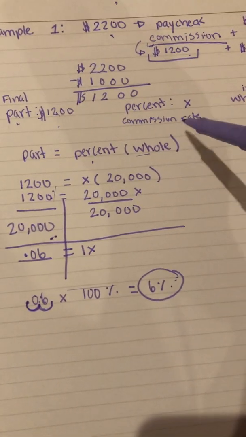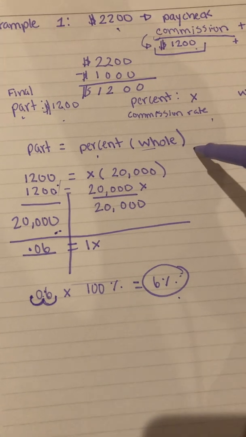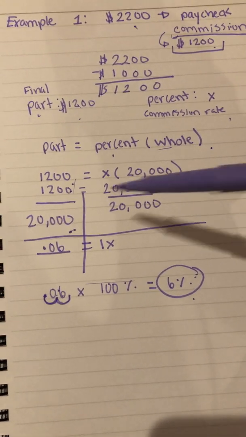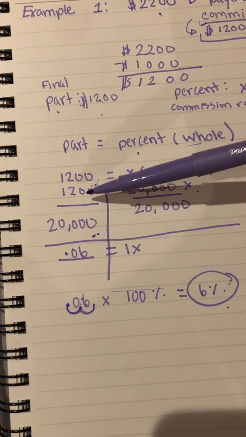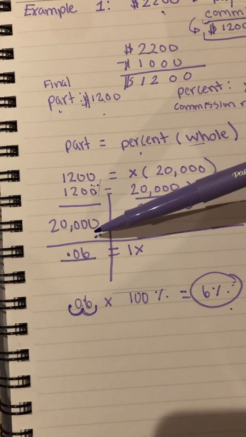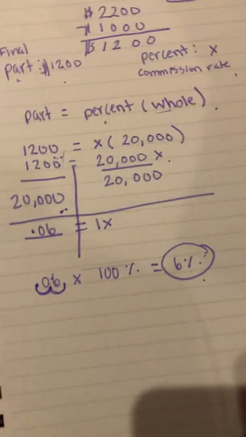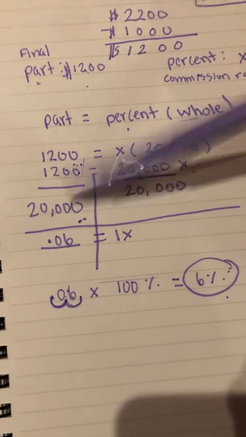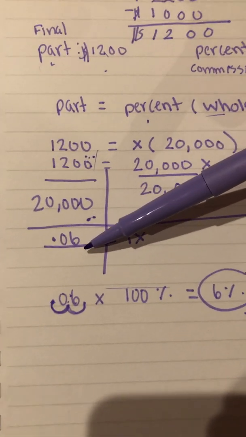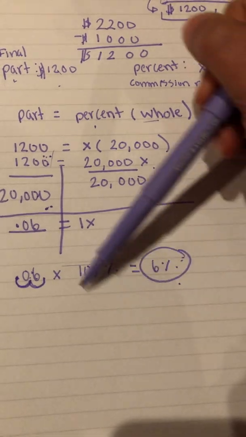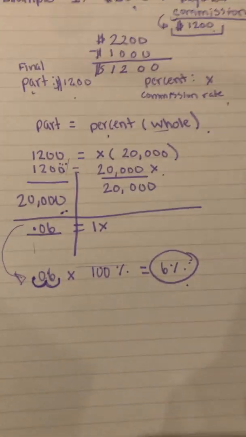So we wanted to find the commission rate, which means the percent. So I got my equation. I substituted, I divided, and I read this as 1,200 divided by 20,000. How many times does 1,200 go into 20,000? And that gives me 600, which makes sense because 1,200 is less than 20,000. I'm going to get a number that is less than 1. And that gave me 6% because I converted 600s into a percent.